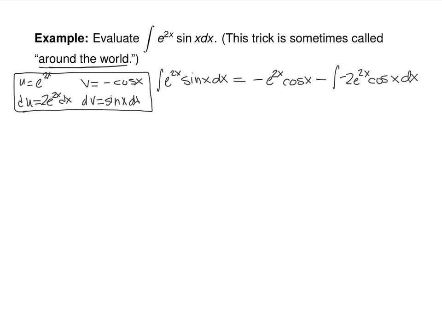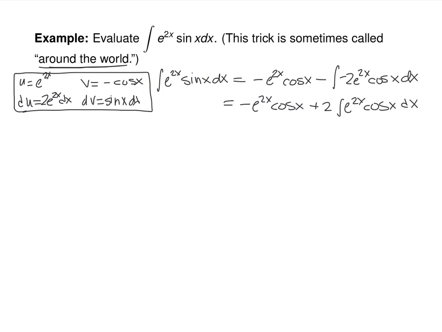I'm going to factor out that 2, take out the double negative, and I have negative e to the 2x cosine of x plus twice the integral of e to the 2x cosine x dx.